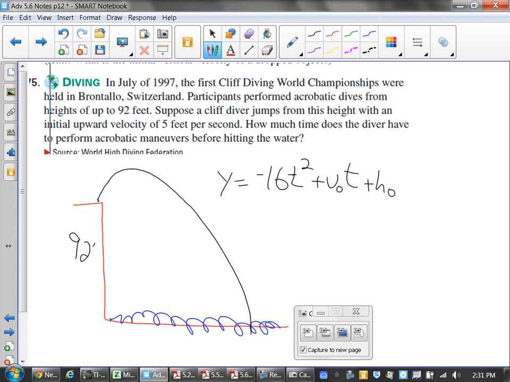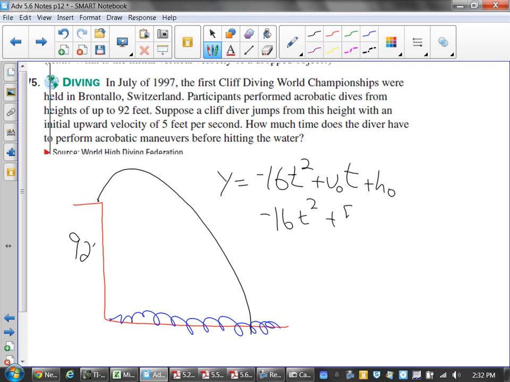In the next problem, you're talking about the volleyball. The volleyball is being hit downward. That's why they told you your initial velocity is negative 55. Does that make sense? So here I know that I'm going to get negative 16 t squared plus the 5t, and my original height was at 92. I'm trying to figure out when the height is 0.